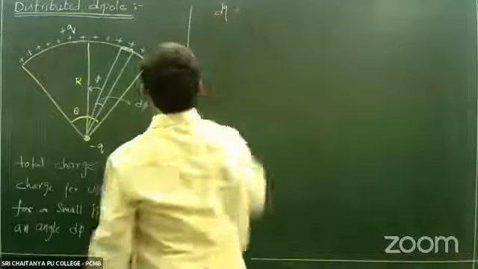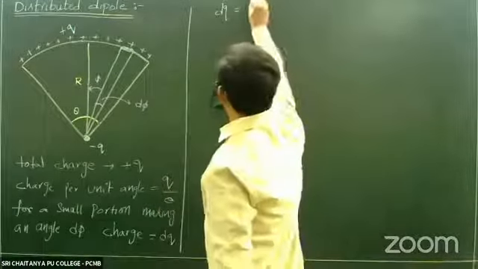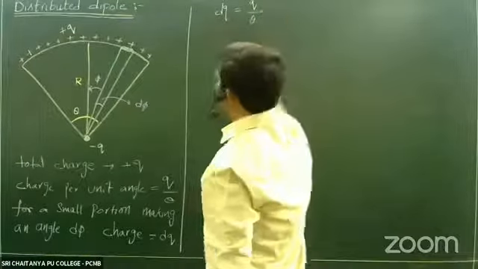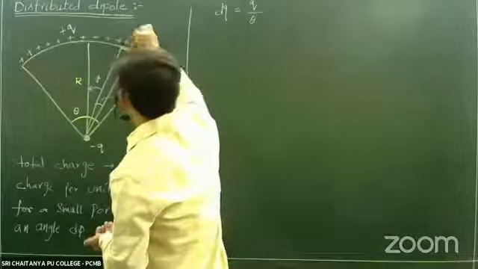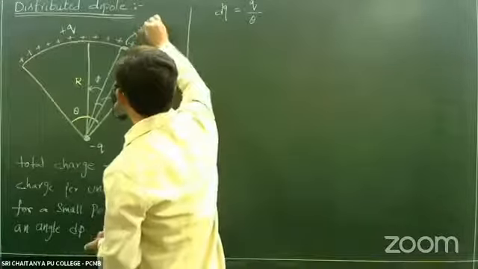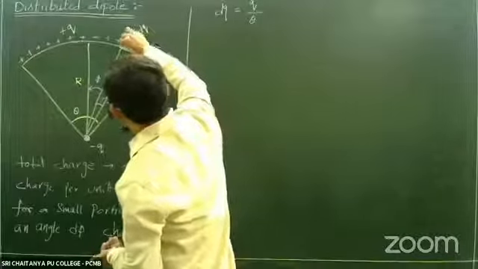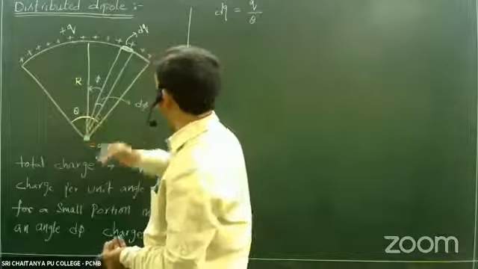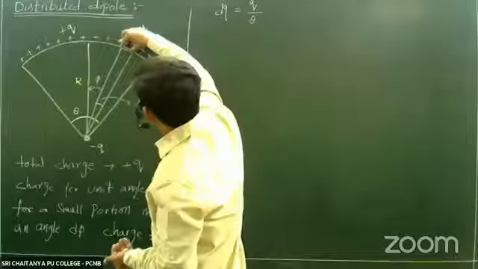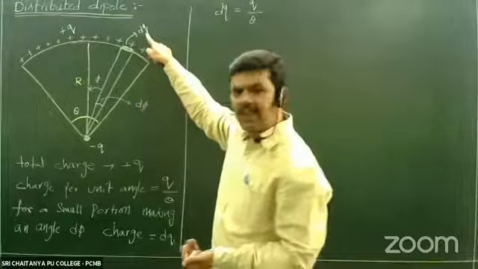Charge per unit angle is q by theta. Total charge q is for the angle theta. For this small portion making an angle d phi, the charge is dq.